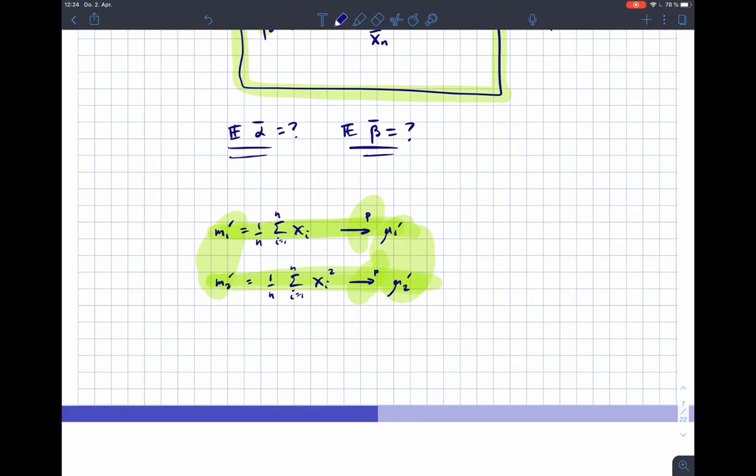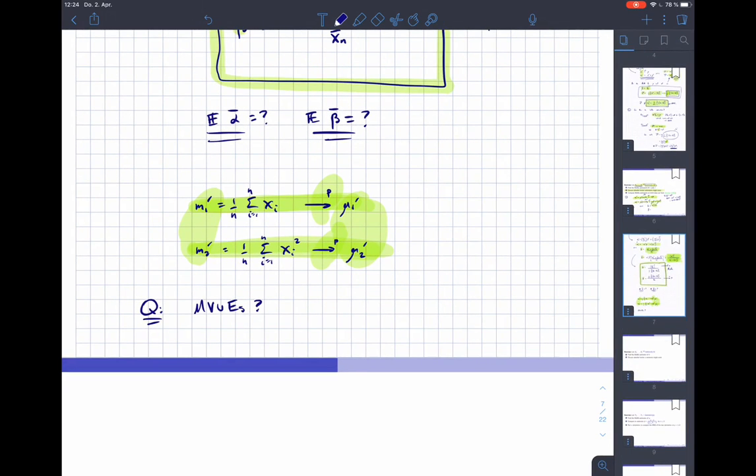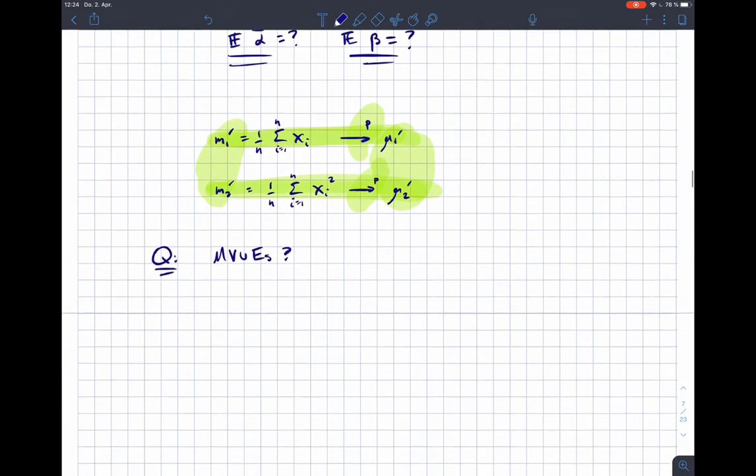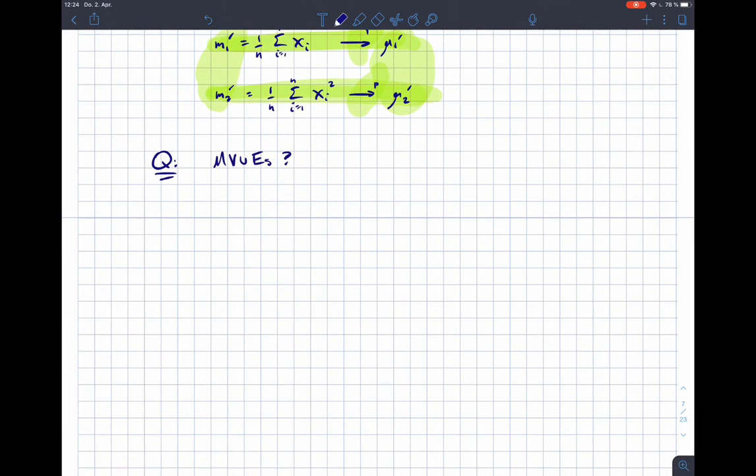Well, maybe we should ask, are they the MVUEs for alpha and beta? So at some point in the last lecture, or maybe it was in a homework, we figured out what are sufficient statistics for alpha and beta.